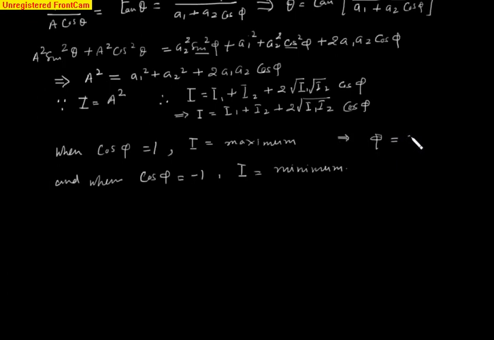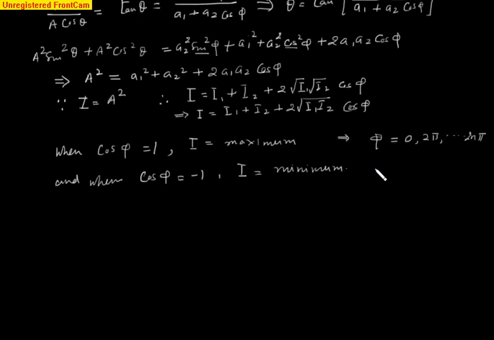And you know that cos phi will be 1 only when phi is equal to 0, 2 pi, and so on, 2n pi, because it should be an even multiple of pi, where n is an integer 0, 1, 2, 3.